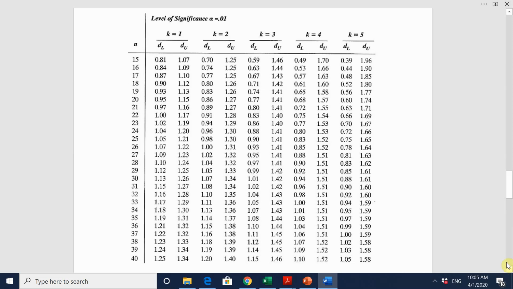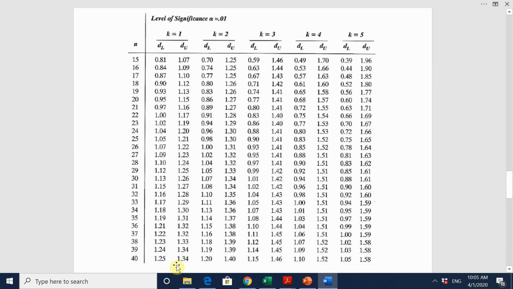But at 0.01, with a sample size of 40 and k equals 1, I see critical values of 1.25 and 1.34.